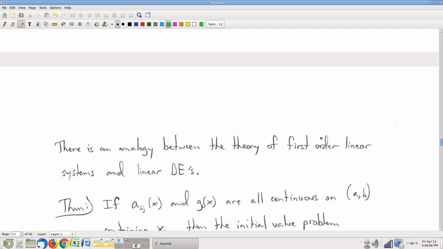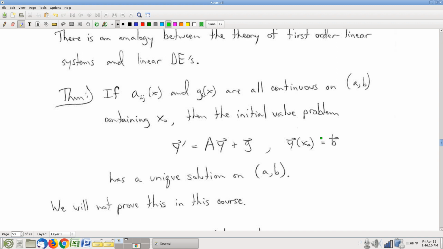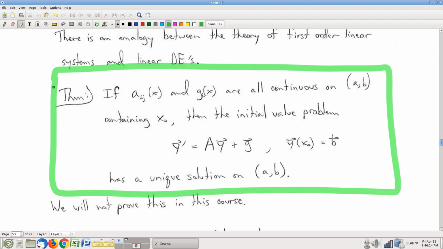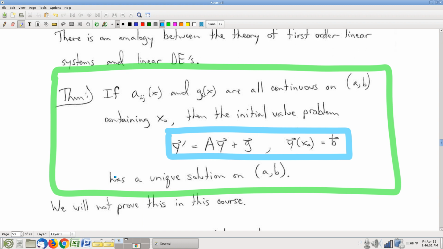Okay, next thing. Big theorem. You may recall back in chapter 4, one of the first things we wrote down was what I like to call an existence and uniqueness theorem. Namely, under certain conditions on the differential equation, the initial value problem has a solution and the solution is unique.